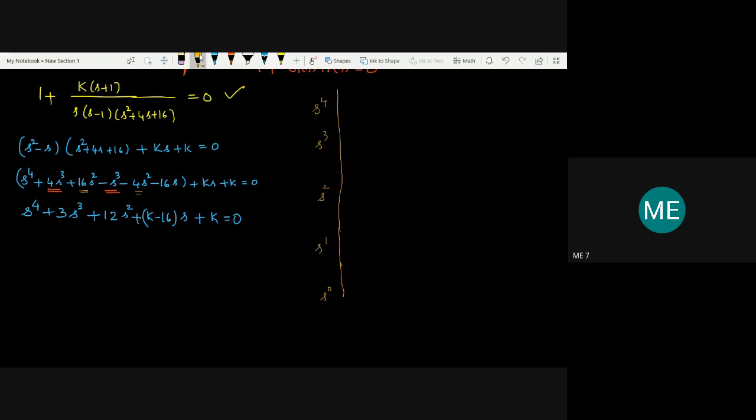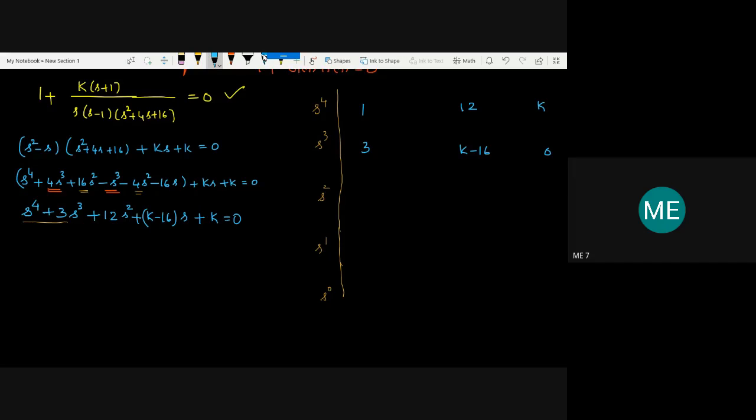The s to the power of 4 and s cube rows will be filled with this characteristic equation only. So that is 1 and 3, the second one is 12 and then k minus 16. Then one more is k and then 0, and it will keep going with zeros.